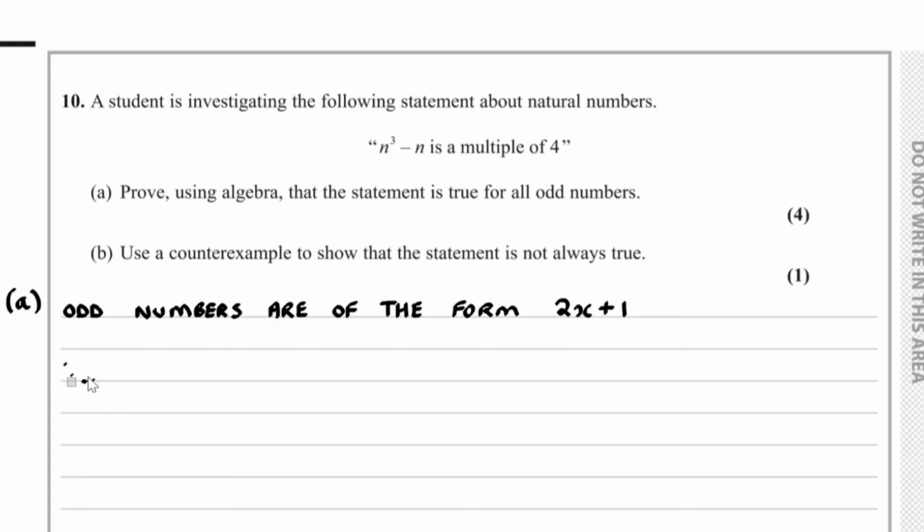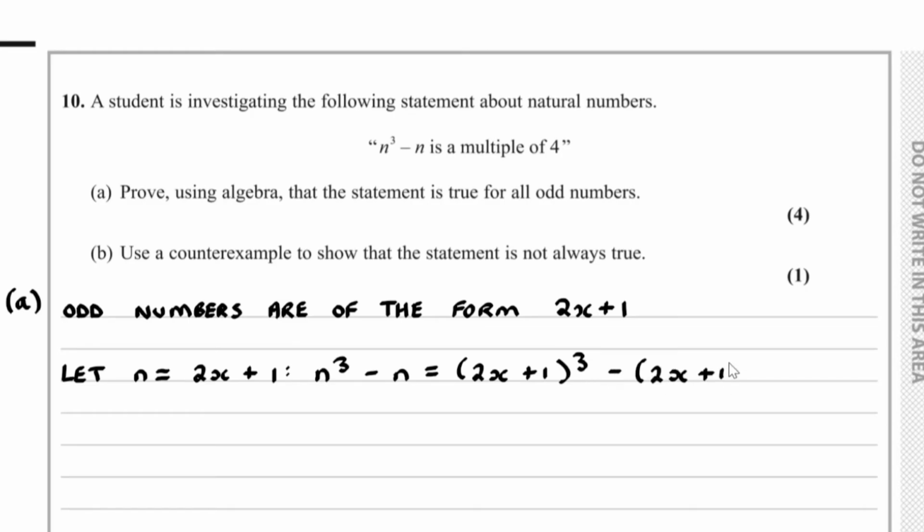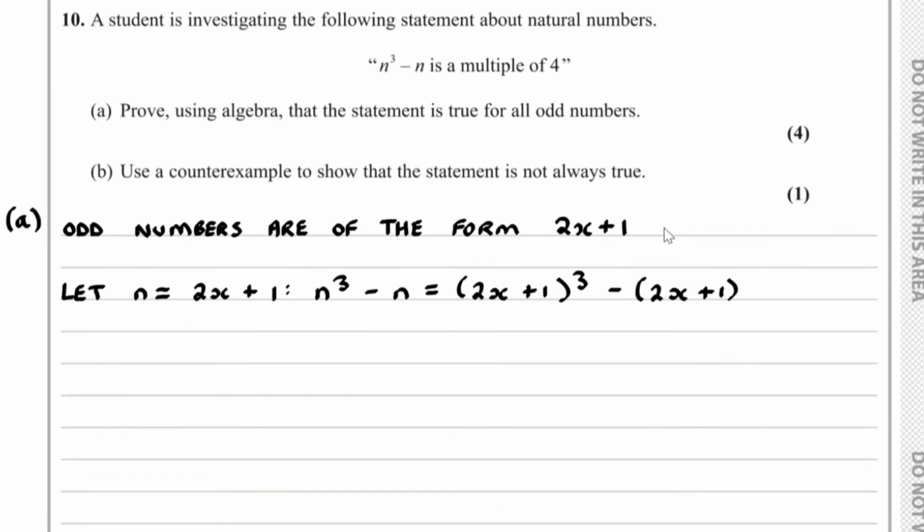So if we let n equal 2x plus 1, then n cubed minus n will equal (2x plus 1) cubed minus (2x plus 1). And of course here, x is an integer.